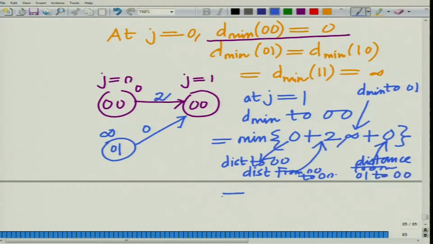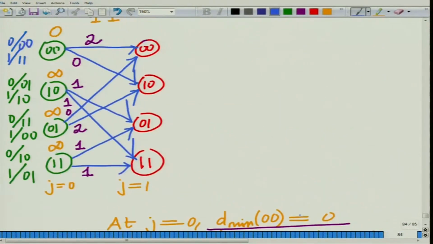And now you can see this is equal to the minimum of 2 comma infinity, which is naturally equal to 2. So the minimum distance is 2.